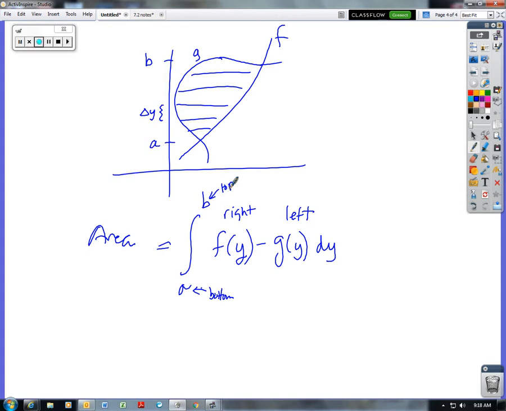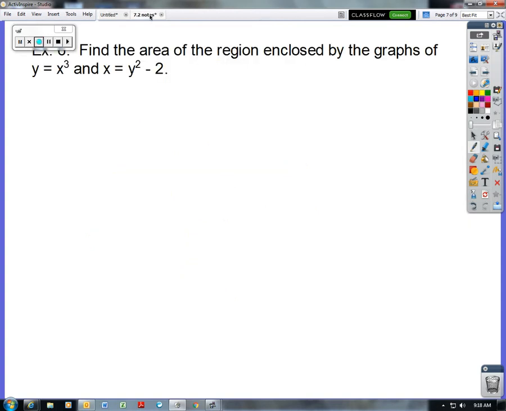Okay, now I can go back to find my place, this one. Let's graph this one. I think I can do that by hand pretty easily.